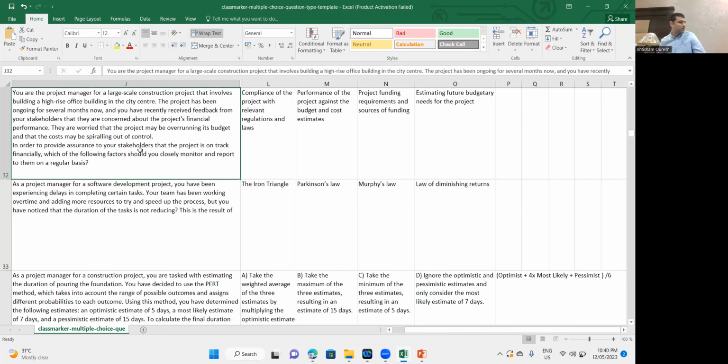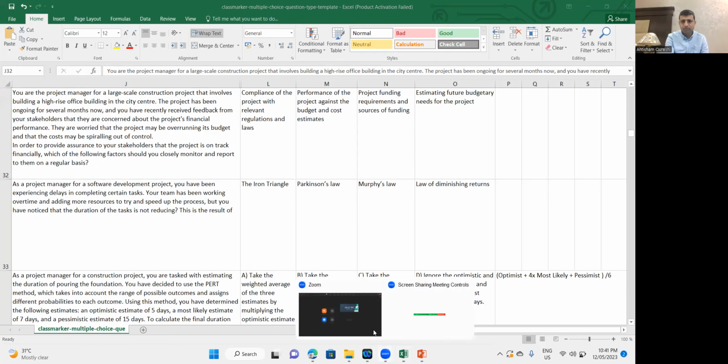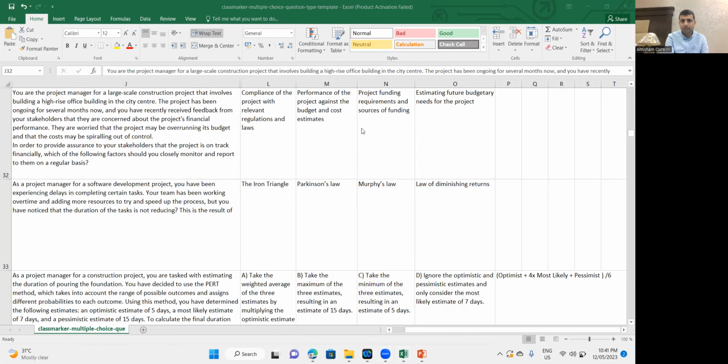What do you think, Kumar? Compliance of the project with relevant regulations and law, okay, we have to do it, but it's not related to the question. Project funding requirements and the source of funding, we already know, it's something at the starting point. Estimating future budgetary needs for the project should be when you are going low on the project.